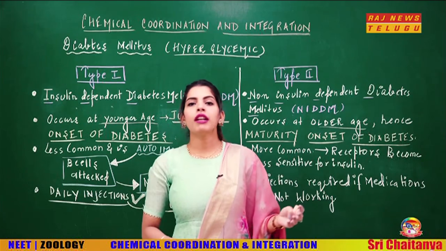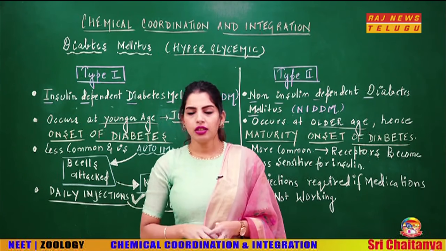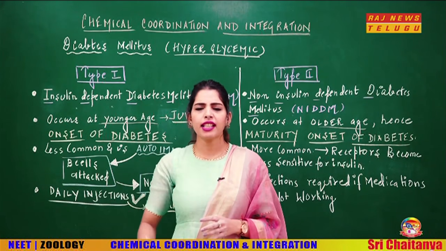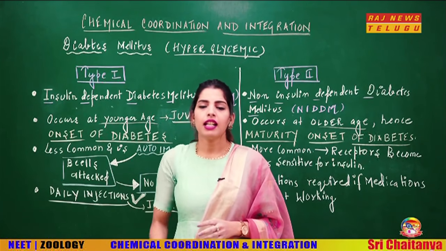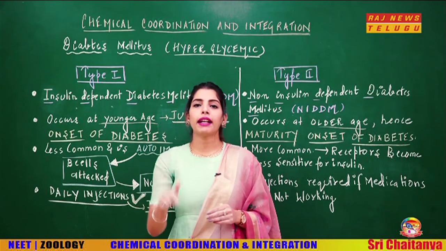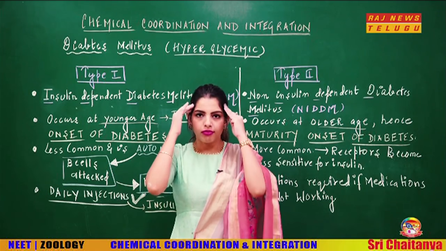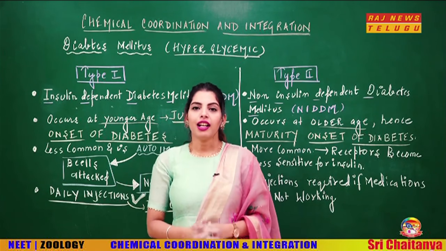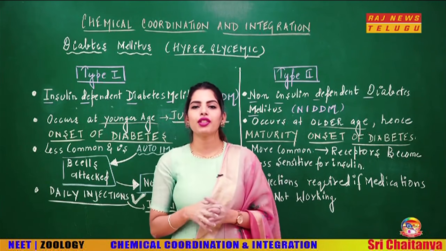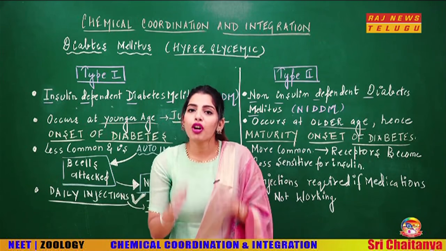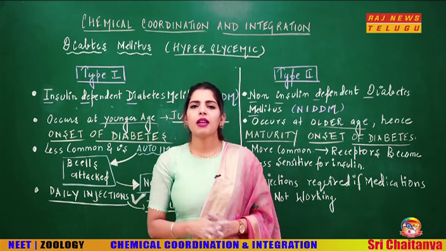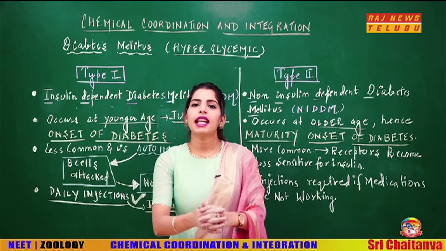Insulin for its function also will bind with the receptor. If you have a prolonged hyperglycemic condition, you are telling your cells to work continuously. Imagine if I am telling you to continuously study for 24 hours, your brain is going to be blocked, right? In the same way, if you are asking the receptors of insulin to continuously work because you have a continuous level of increased glucose, there would be a time the receptors will become less sensitive.